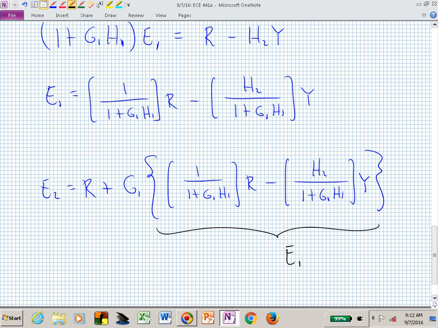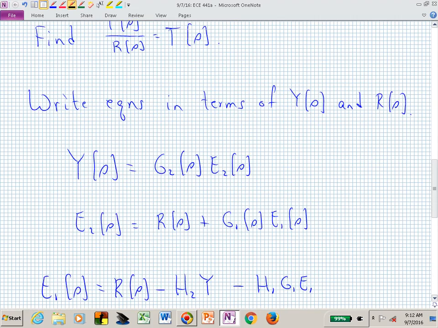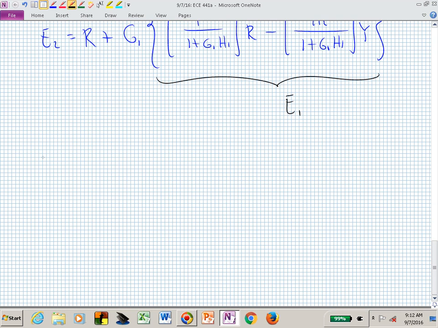And now I have E2 in terms of R and Y, and that's what I need to get rid of that E2 in the original equation for the output Y. Meaning now Y is the G2 times that entire collection of terms that make up E2.